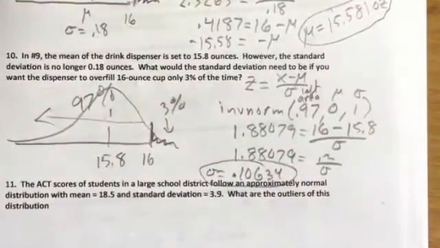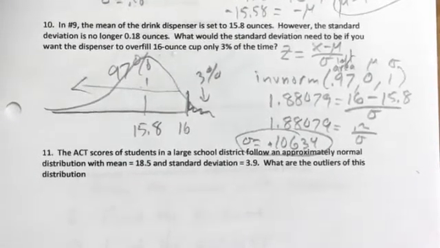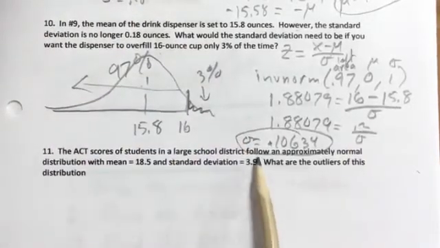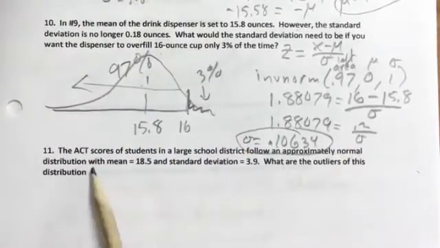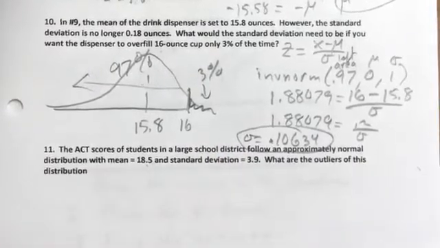And there we go. So certainly those are a couple of the harder problems that you would have. And then lastly, let's see if we can find outliers. It says the ACT scores of students in a large school district follow an approximately normal distribution, mean of 18.5, standard deviation of 3.9. What are the outliers?